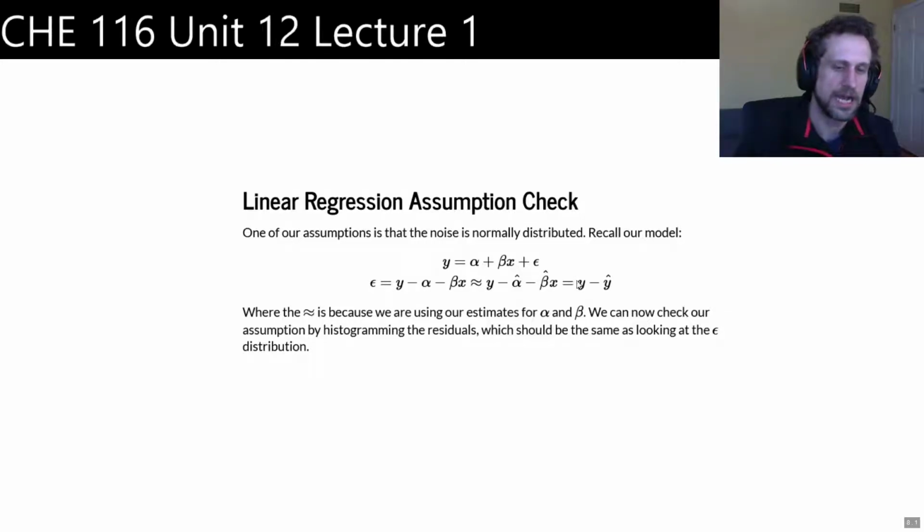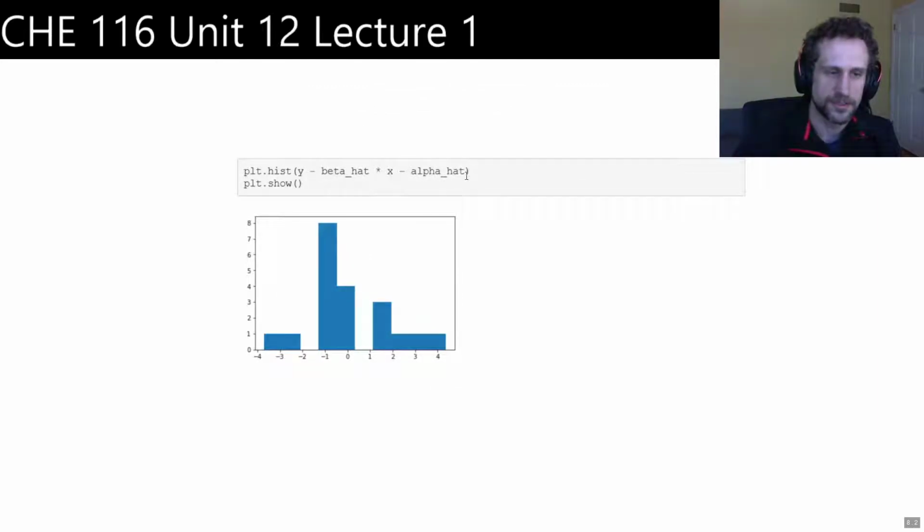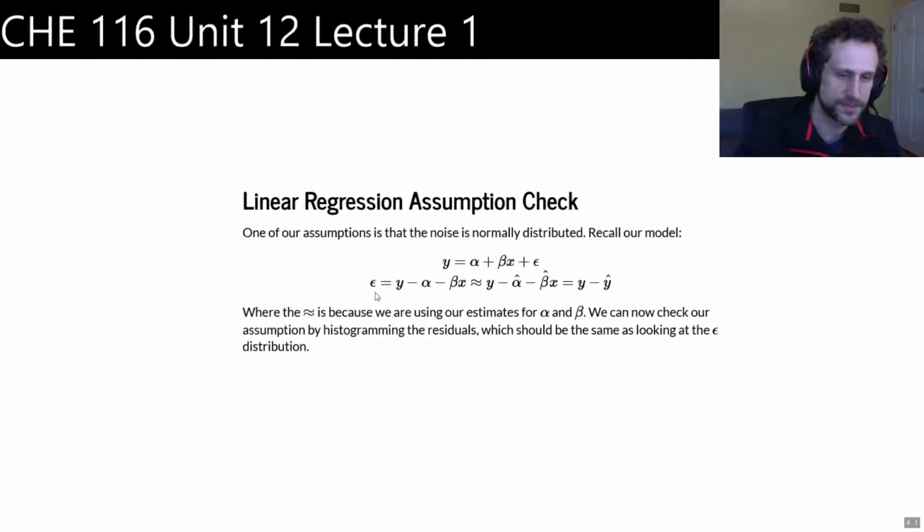So after doing the regression, we want to check our assumption that the data was normally distributed. So epsilon is equal to y minus y hat. So we can check the values of epsilon and see if they are normally distributed. So one of the first things we can do is we could just histogram it. And by the way, epsilon, these are called the residuals.